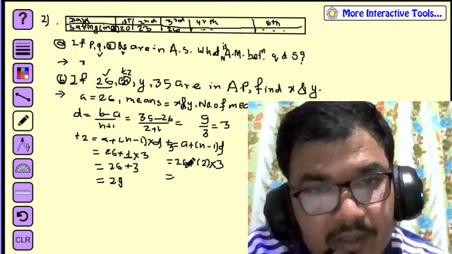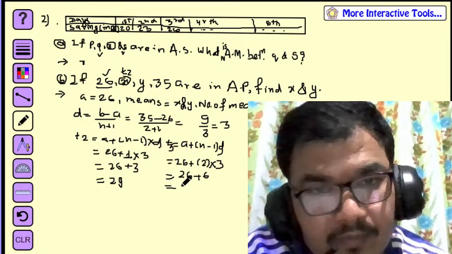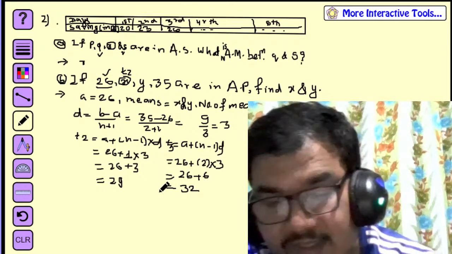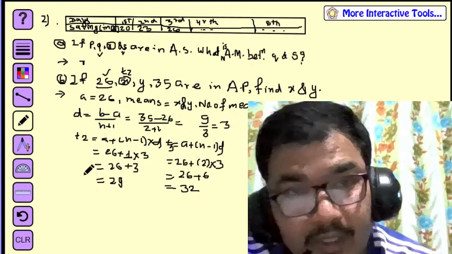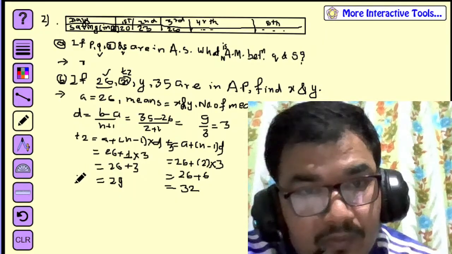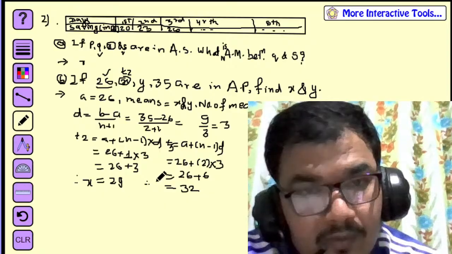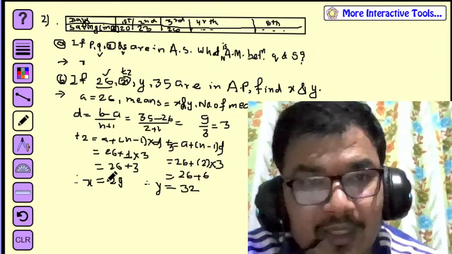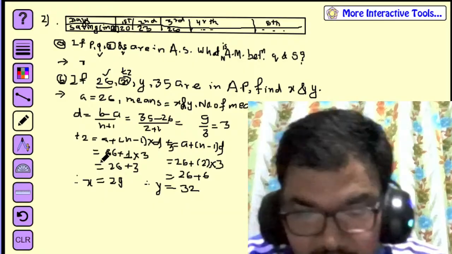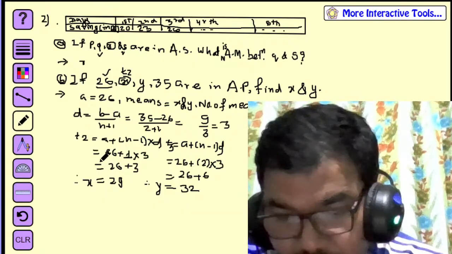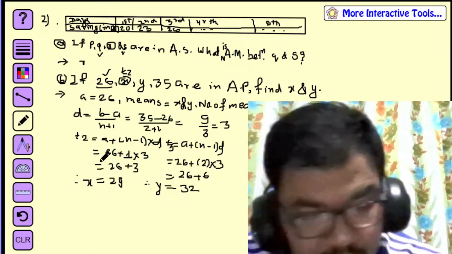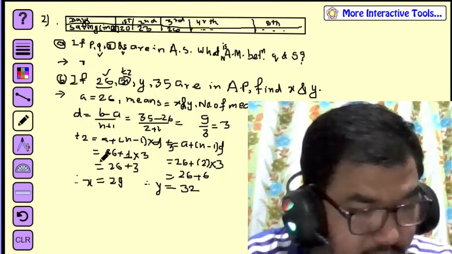Then it is 26 plus 6, which is 32. This is the value of y, and this was the value of x. Like this, we find the values of x and y.